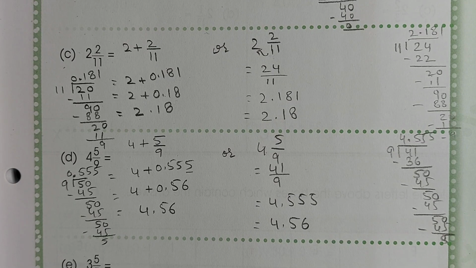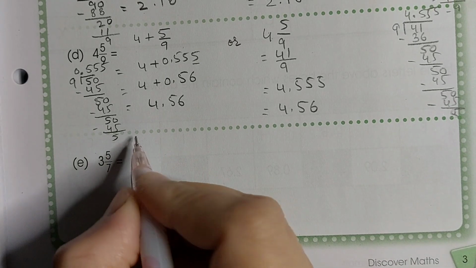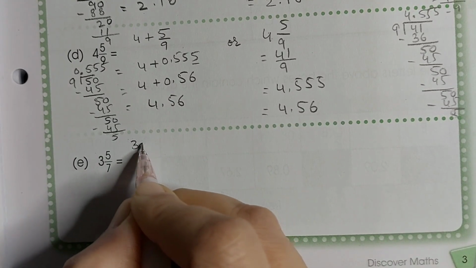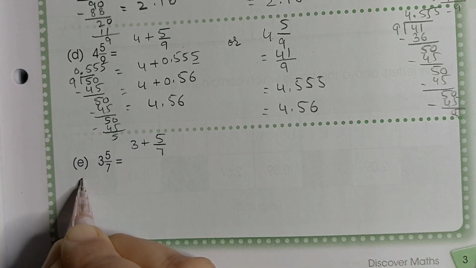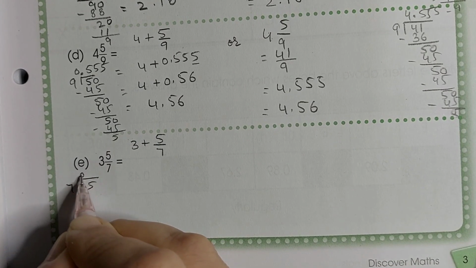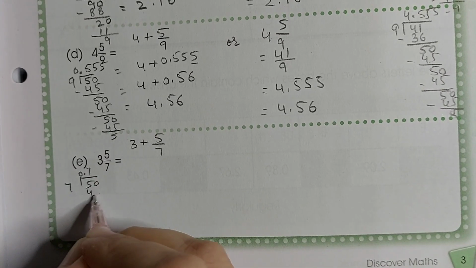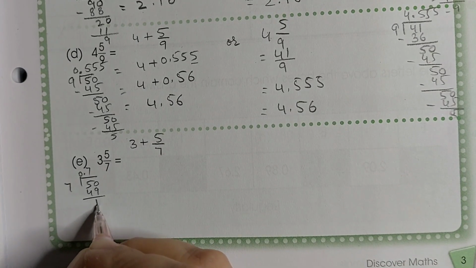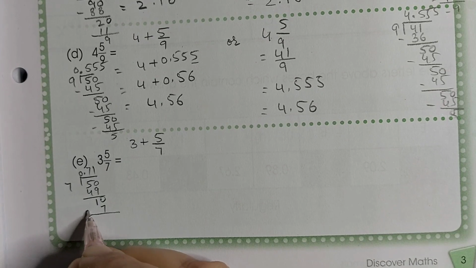Now move on to the last part of this worksheet, that is part E. Part E is 3 whole number 5 upon 7. So again we will separate 3 plus 5 upon 7. I am going to put 5 inside, 7 outside. Putting a point here, add 0. Now 7 sevens are 49. Now what we will get? 1. Now again 0. 7 ones are 7. What we will get? 3.